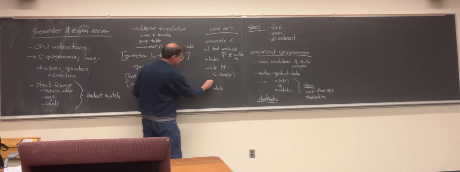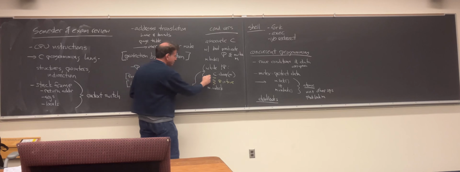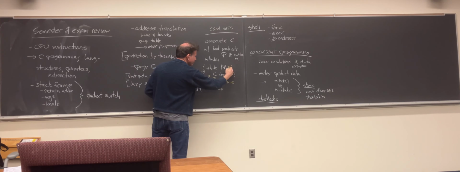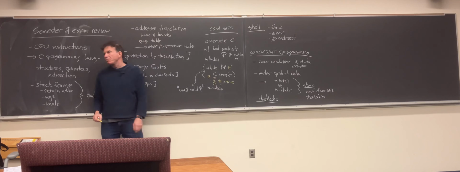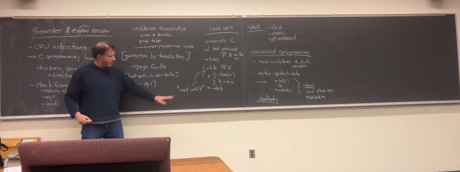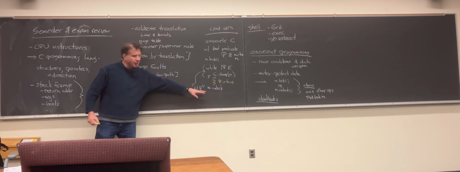So this is the equivalent of wait until P, and now we have this section of code here where we know that P is going to be true. We've waited until the condition P is true.